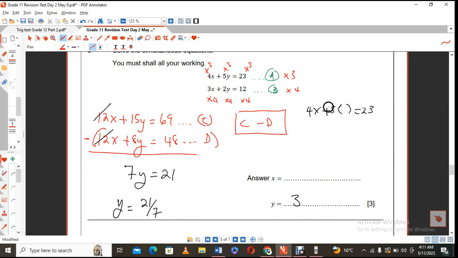We know that the value of y happens to be 3, so this is 4x plus 15 equals 23, then 4x equals 23 take away 15, so that's 8, so x would be 8 divided by 4. Eventually, if you do that, you would realize that x is 2 and y is equal to 3.